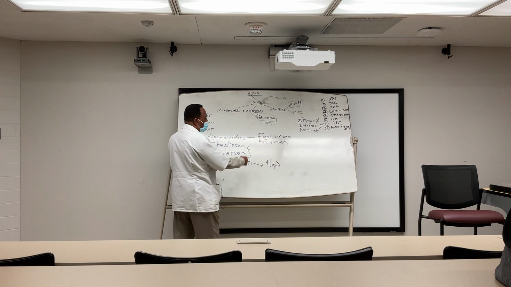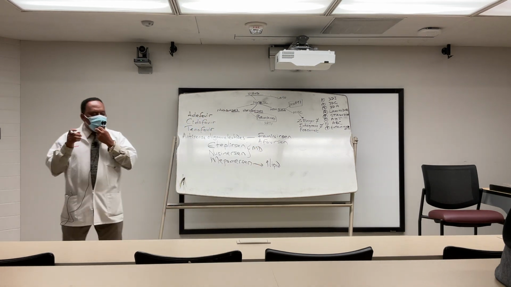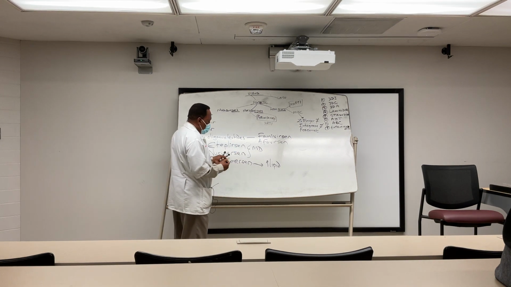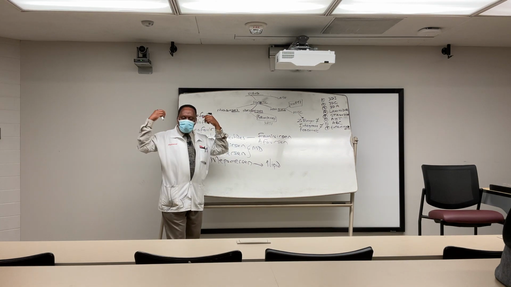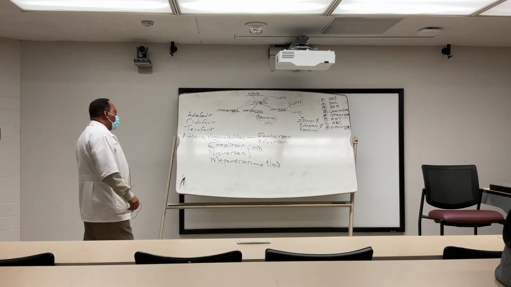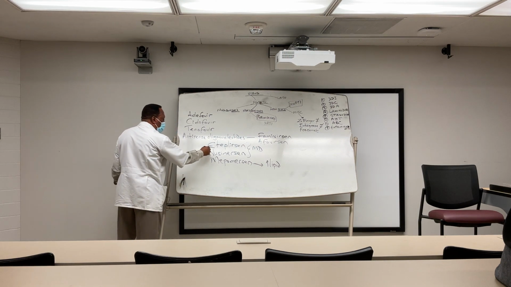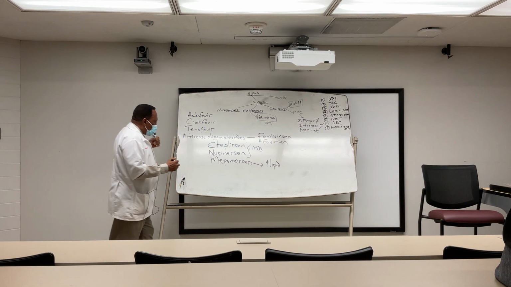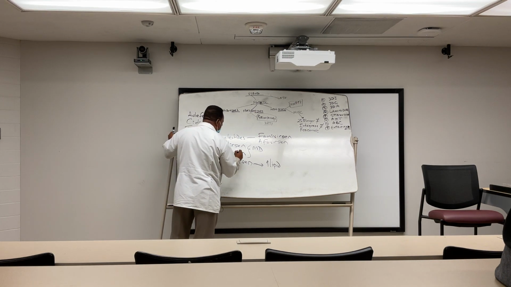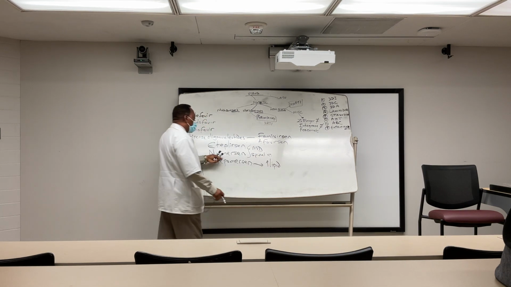Eteplirsen and nusinersen are used for MD, so muscular dystrophy. And if the muscular dystrophy is due to a defect or a disorder in your nervous system that affects the spinal cord, then you use nusinersen.